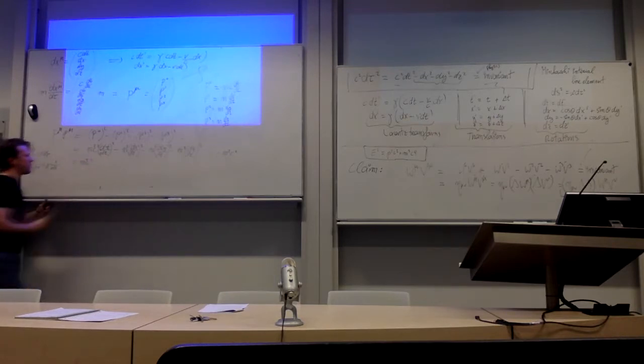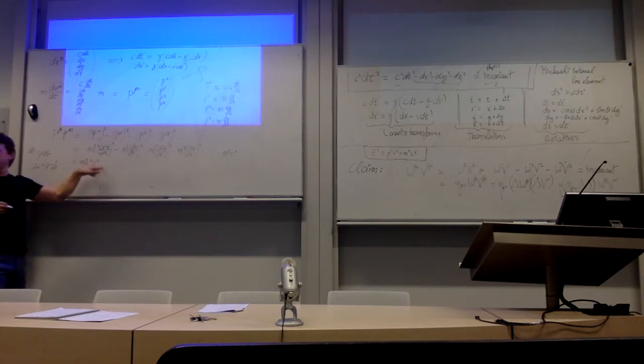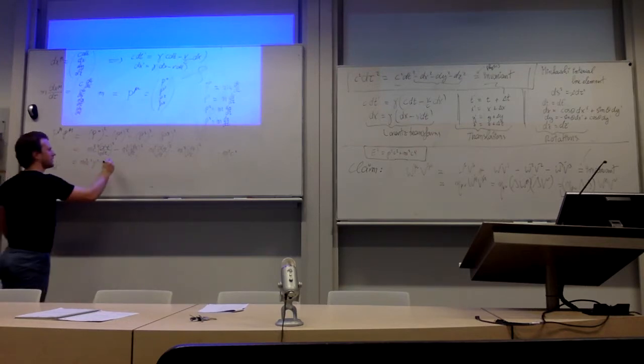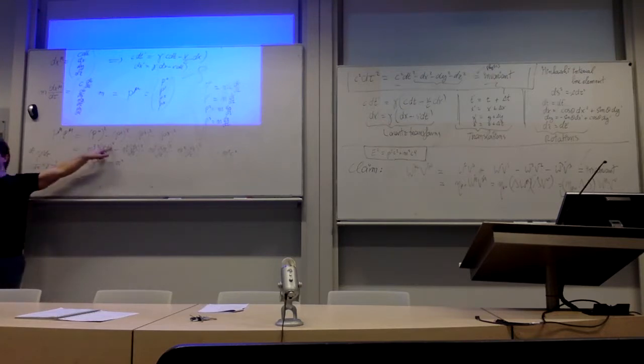Can you tell me what will come out here? That's going to be gamma squared, minus d. If I replace 1 over d tau here by gamma times 1 over dt, I get a gamma squared here because of this square, and I get dt over dt, which is 1.